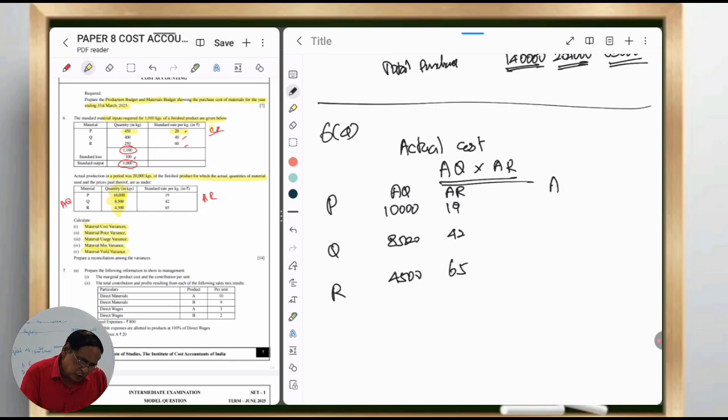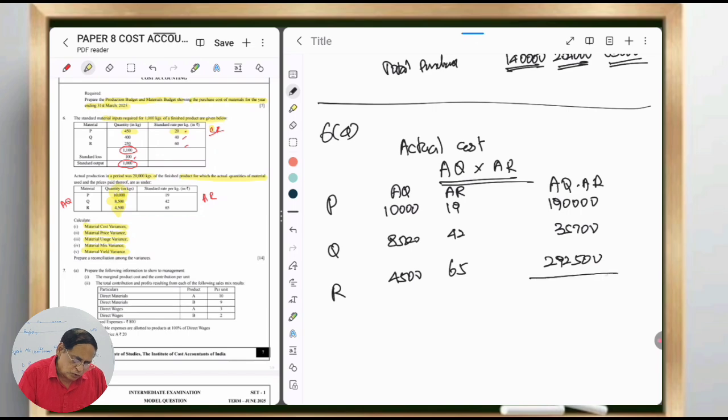So we can easily find out AQ into AR. 10,000 into 19 is 1,90,000. 8,500 into 42 is 3,57,000.